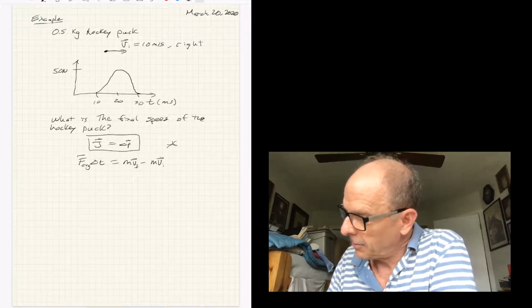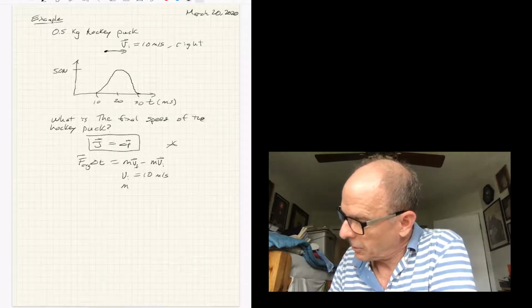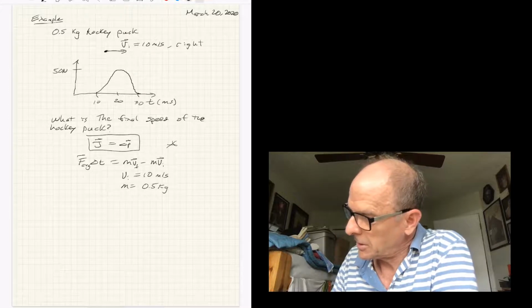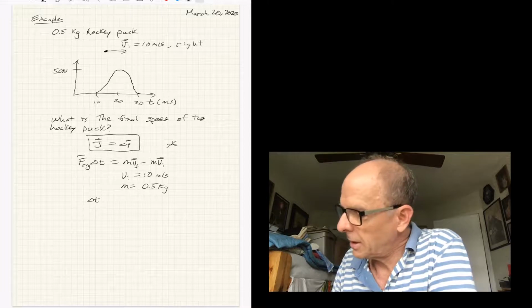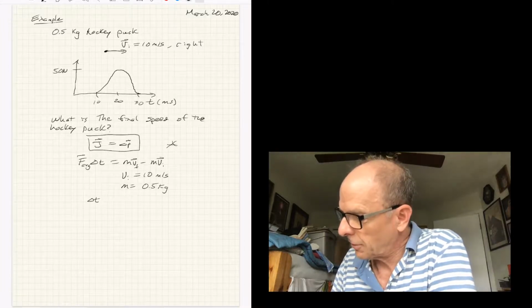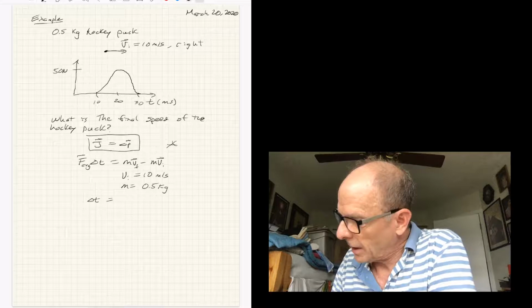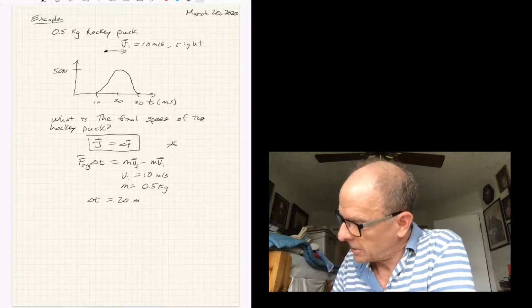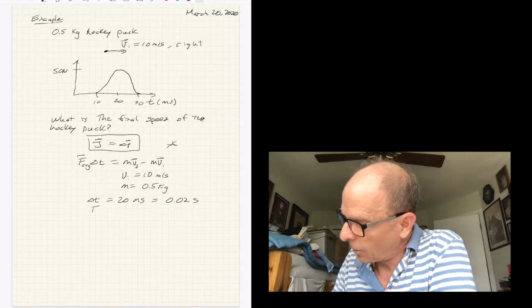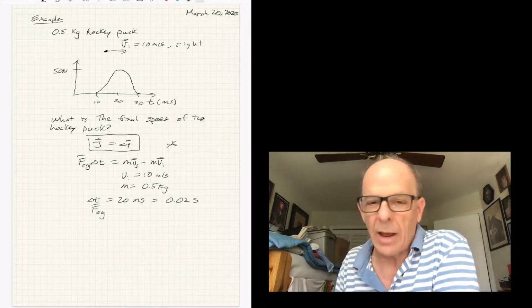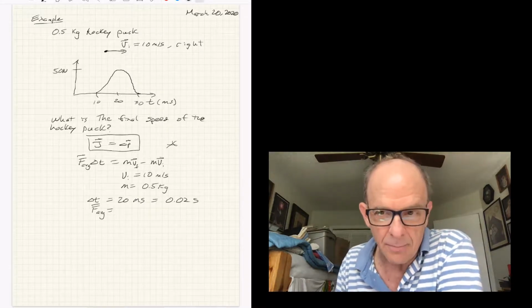I have v_i is 10 meters per second. m is 0.5 kilograms. The time period over which that force is acting looks to me to be, well, it starts at 10 and it goes to 30. So that's 20 milliseconds, which is 0.02 seconds. And the average force over that period of time, well, the peak is 50.